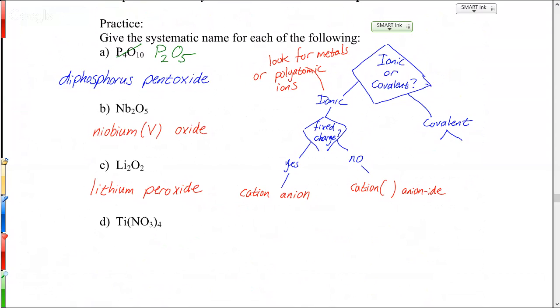Now, what if that were a variable charge metal? What if instead of lithium, it were, let's say, copper or something? Could we still have figured this out? How? You know the charge of peroxide. We do, but how do we know that it's peroxide and not oxide in that particular compound?